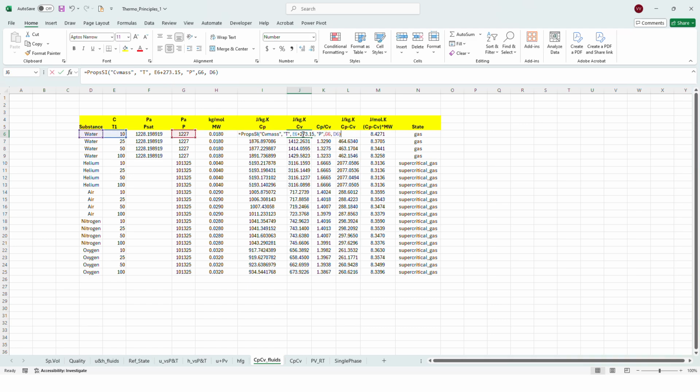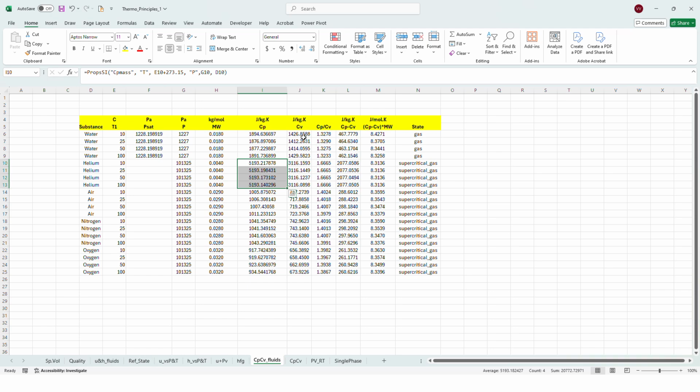And for Cv, it's Cv mass and temperature and pressure. And you can calculate for all of these conditions. Water has a good high Cp. Helium seems to have extremely high Cp per mass. You can also convert that per mole by multiplying with molecular weight.